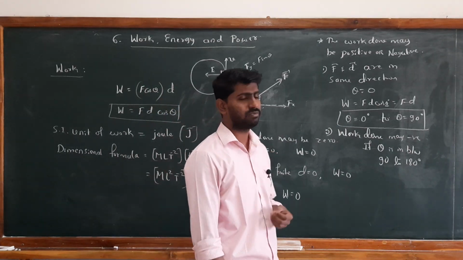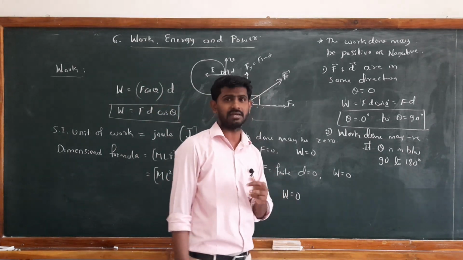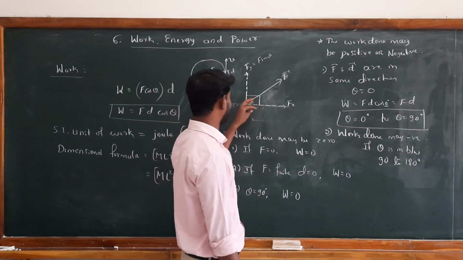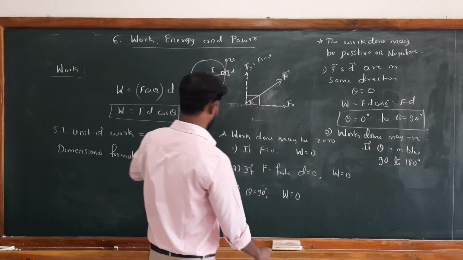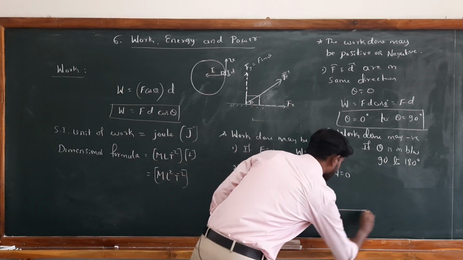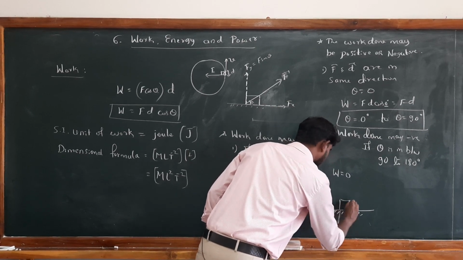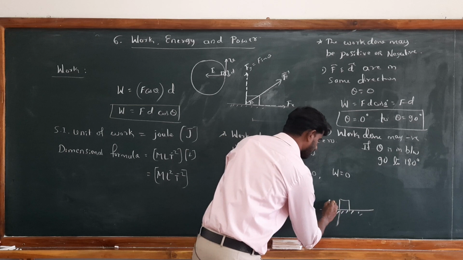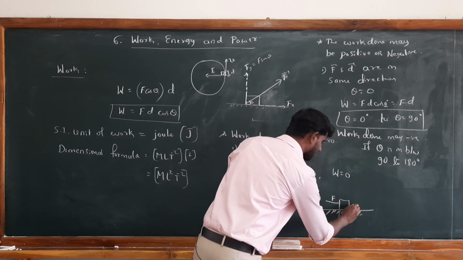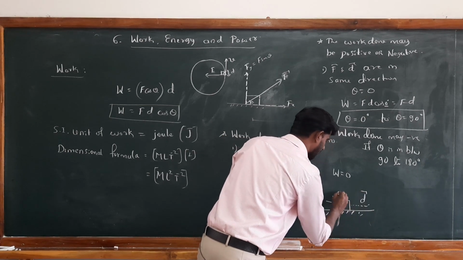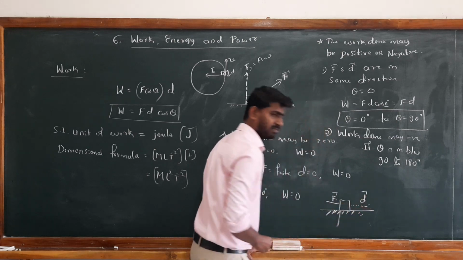How is it possible to make 180 degree between force and displacement? Here, we keep a body on the surface and I am applying a force, as a result there is a displacement.